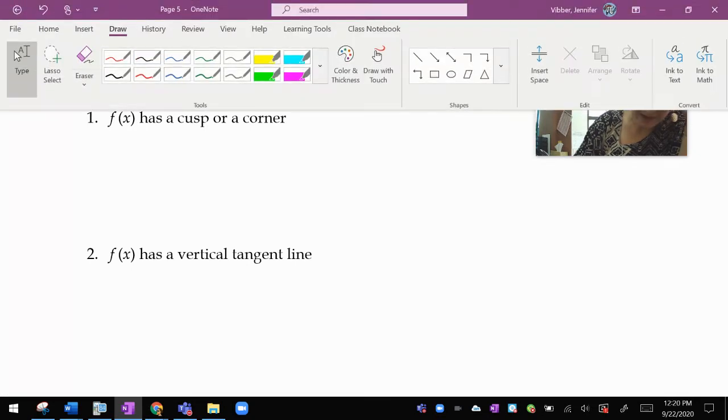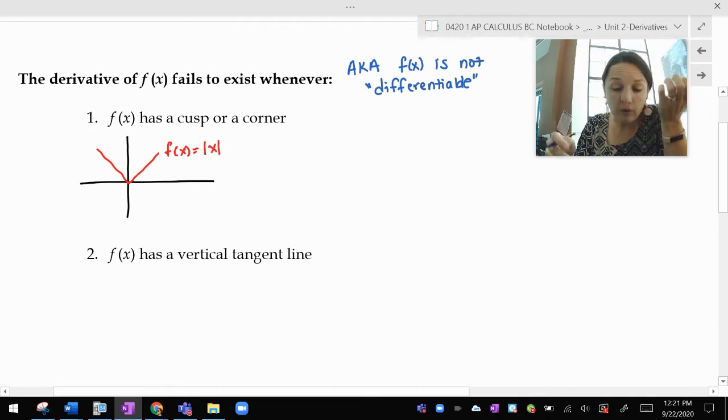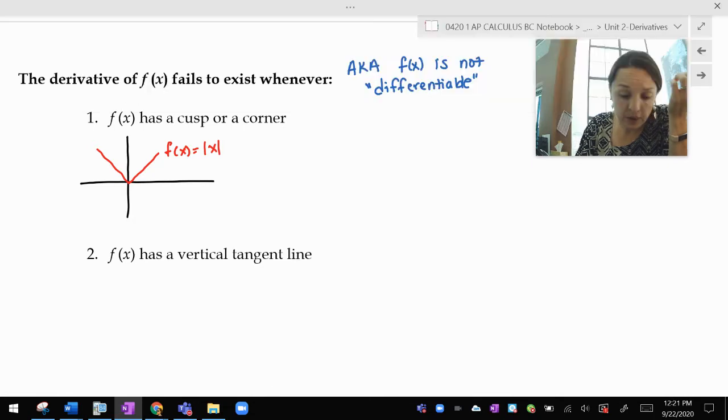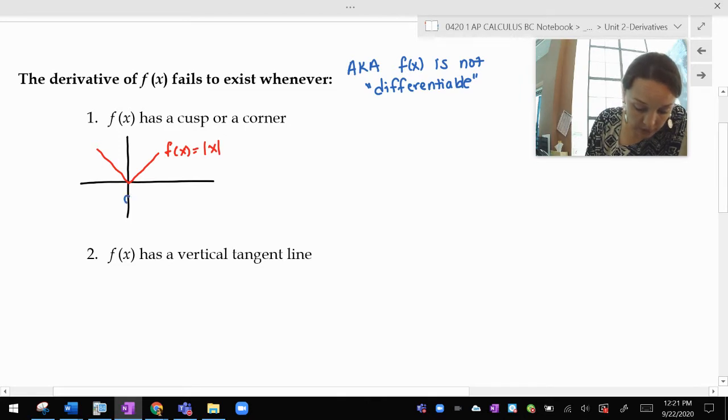So let's say I take a function that looks like this. For example, f of x is the absolute value of x. Now, if I think about the absolute value of x, the slope on the left, the slope when x is less than 0, is negative 1. So my derivative would be negative 1.